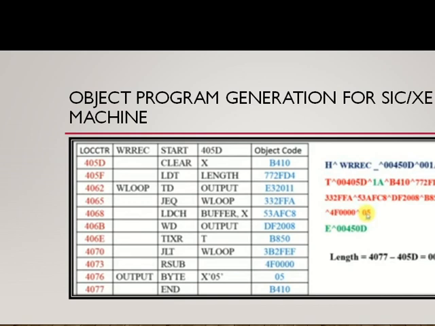Then after writing the object codes, we have reached the end. So the first column represents E, that is the end of the object program. Then we should write the first instruction to be executed, that is the starting address, the address where the execution of the program starts.